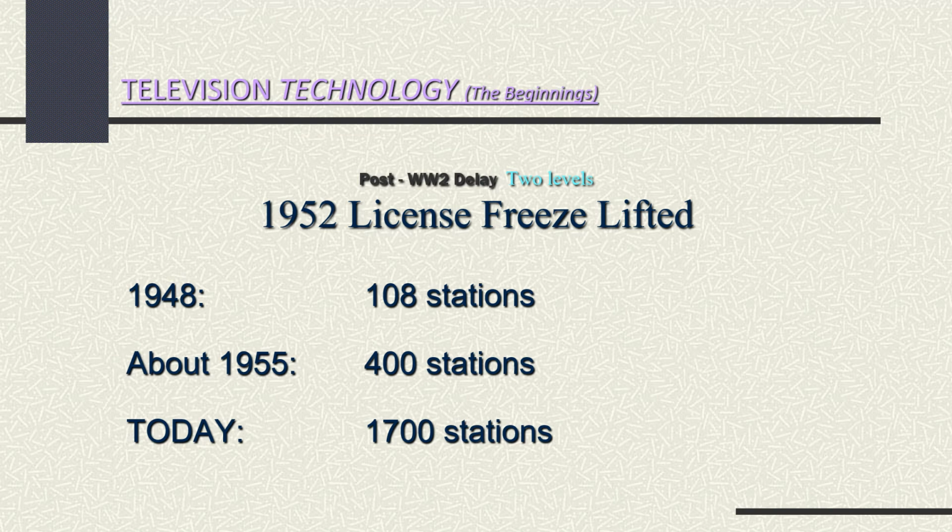This figure is pretty stable. It doesn't change much simply because there just isn't a whole lot of room for TV stations to start around the country without interfering in some other TV station's area.